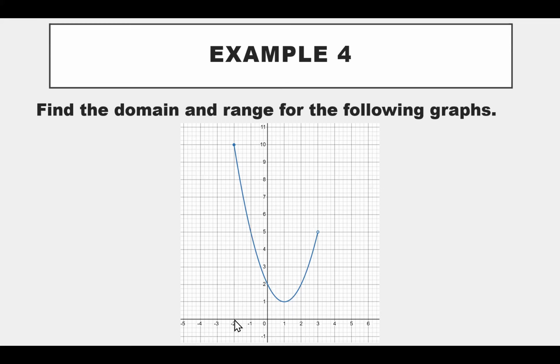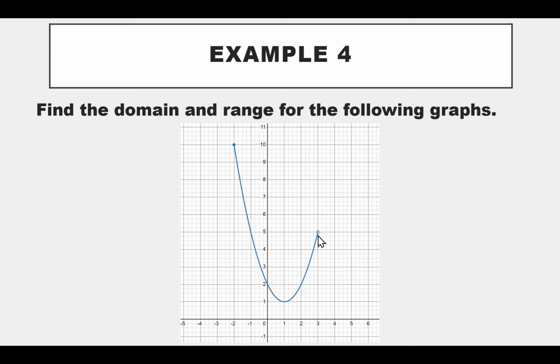So you'll notice that, again, the x-axis here is traditionally my inputs. The y values are traditionally my outputs. The x values, this graph is restricted from x values of -2 up to an x value of 3.